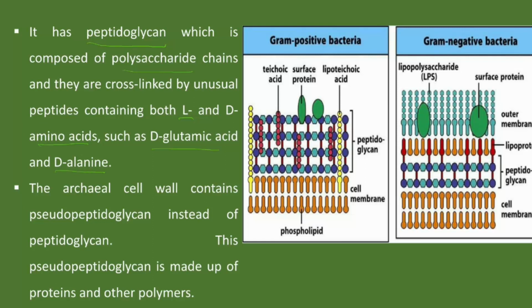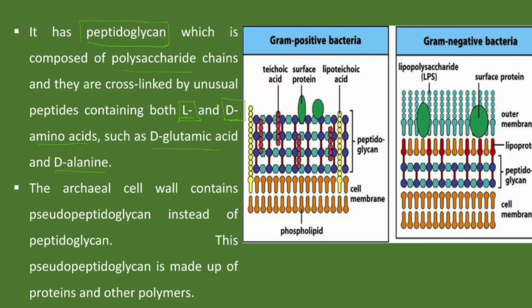So the bacterial cell wall is composed basically of peptidoglycan. And what is peptidoglycan? It is a polysaccharide chain along with some protein molecules, and these protein molecules are basically L and D. L means levorotatory and D means dextrorotatory.